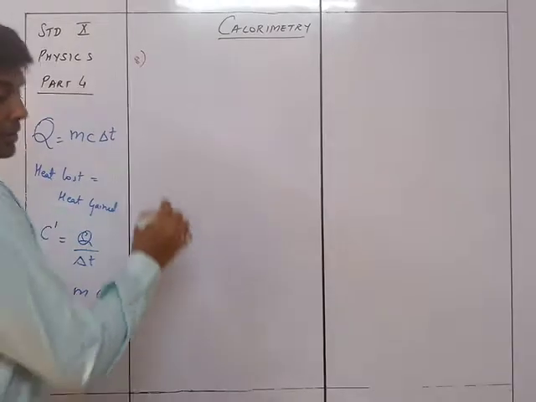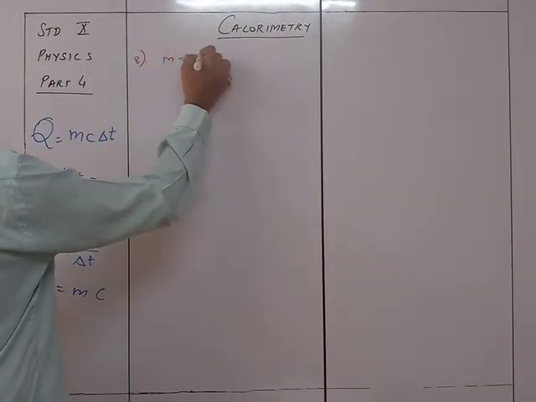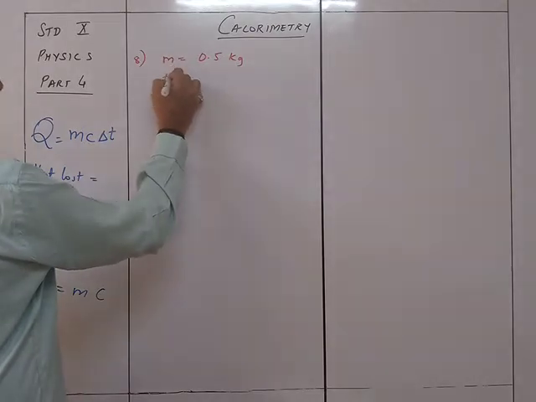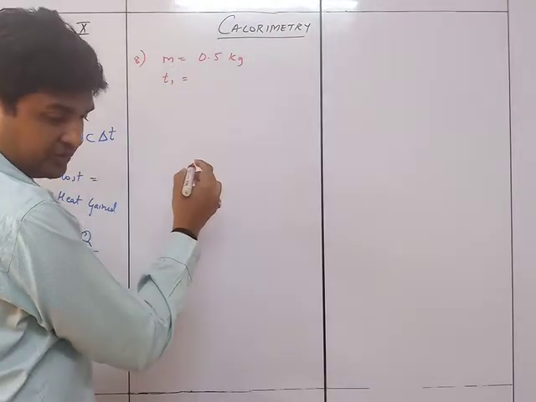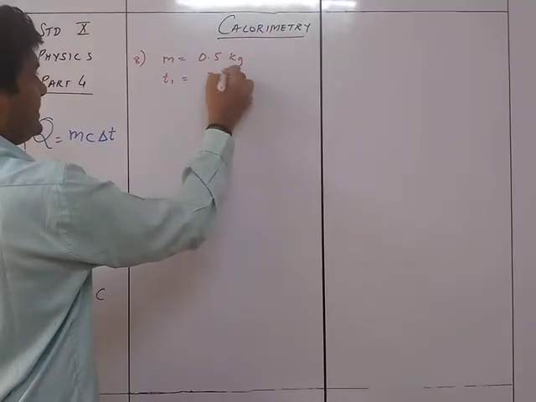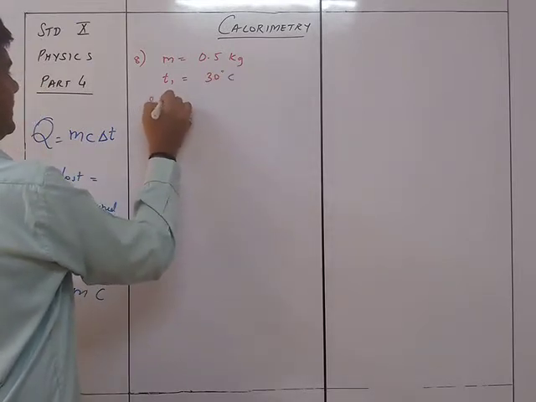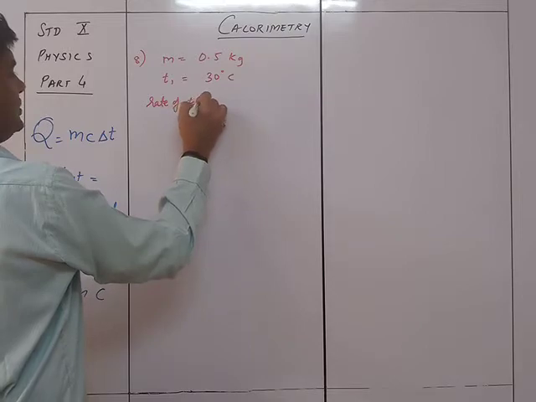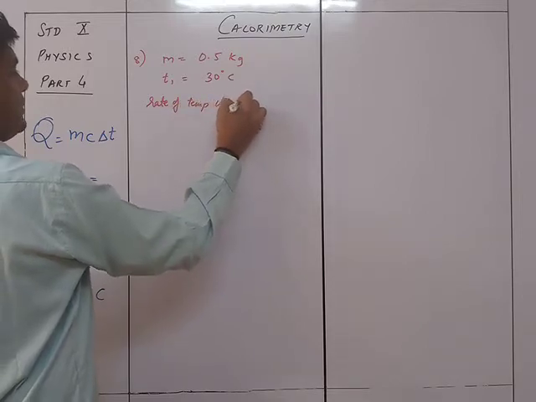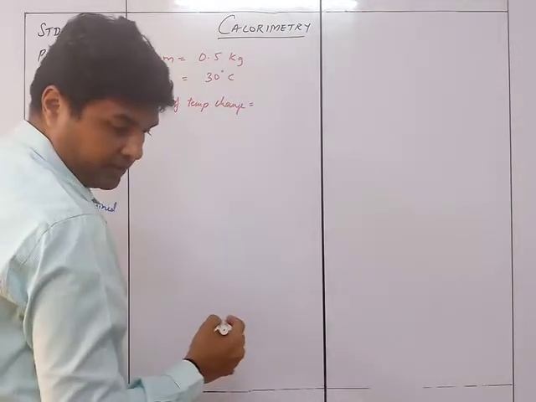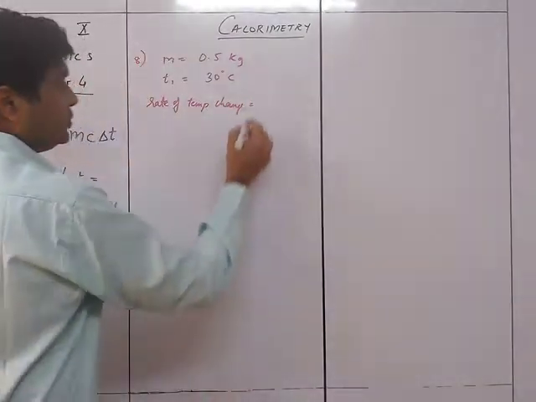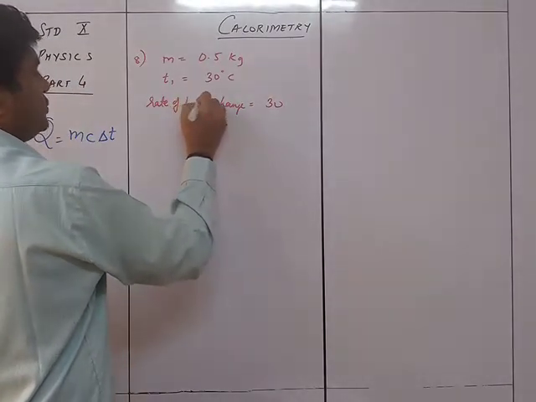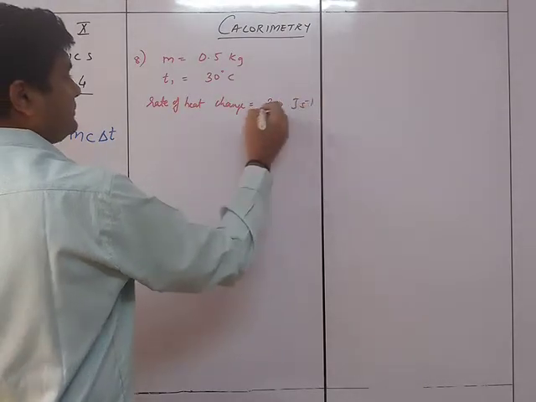So we have mass equal to 0.5 kg, T1, the initial temperature, is 30 degrees Celsius, and the rate of heat change is 30 joule per second.